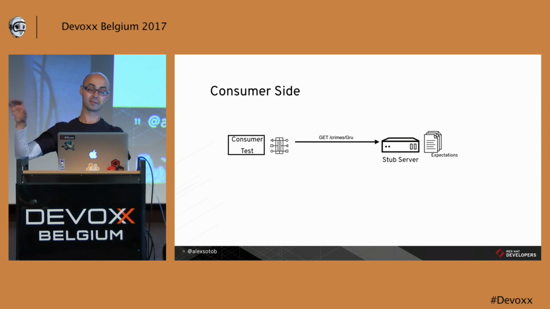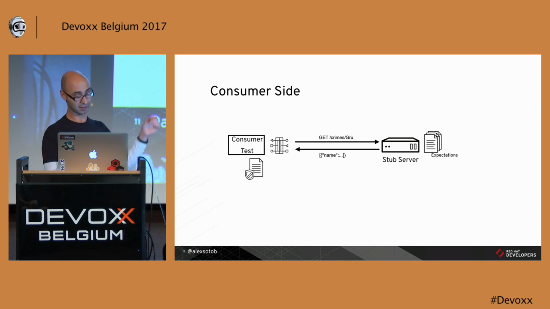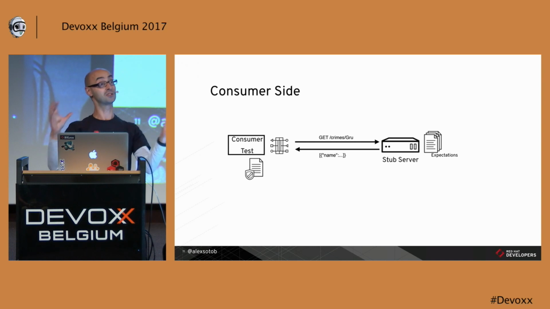This stub server is going to check its expectations and will say, okay, I know that because you have programmed me that when you go to get /crimes/grew, I need to return this array of JSON objects, which has the name, the wiki, and so on and so forth in this case. Finally, if everything works, I mean that if the consumer is able to consume these expectations, the consumer test is going to create a contract. And this contract is this JSON file. It's a big JSON file with all the interactions.